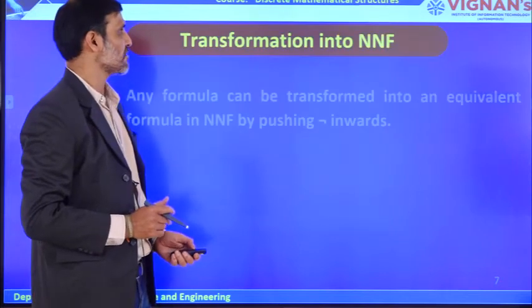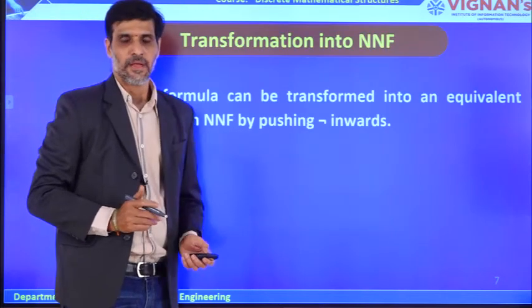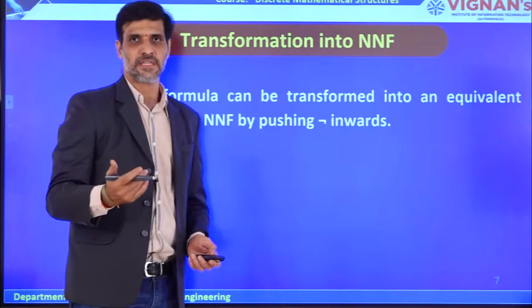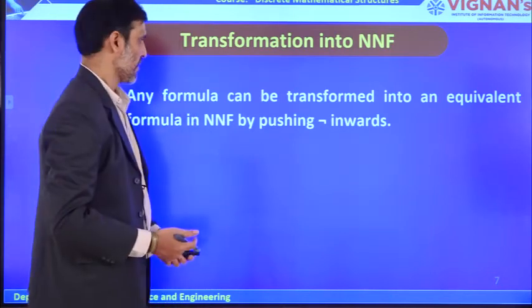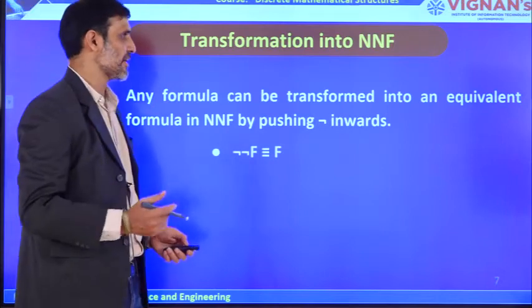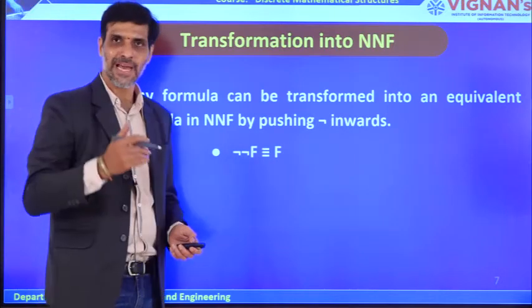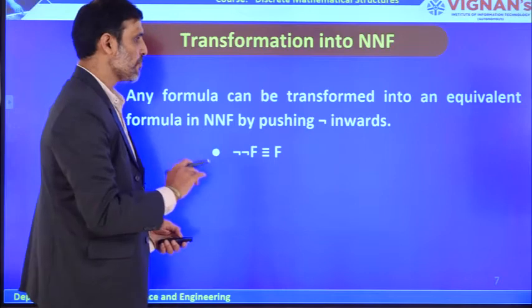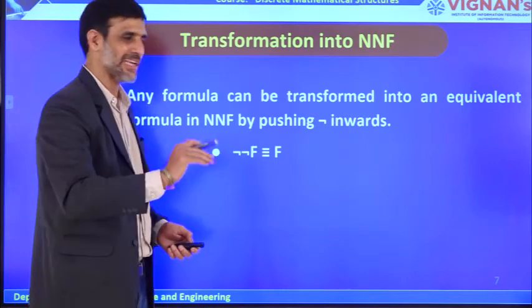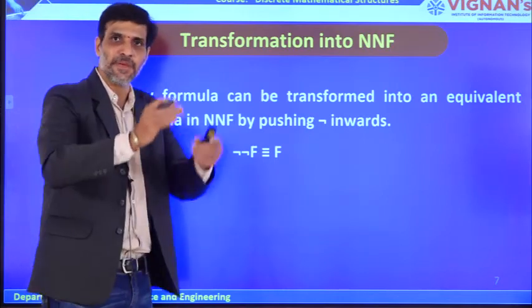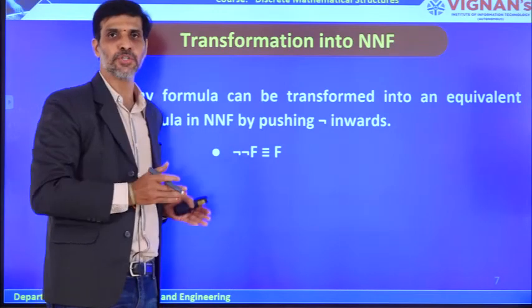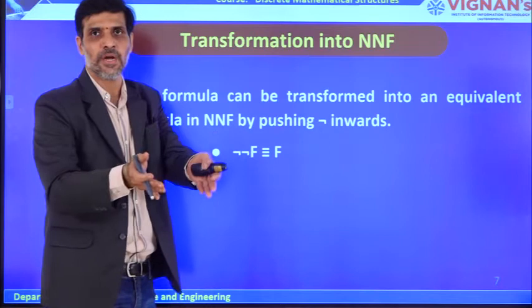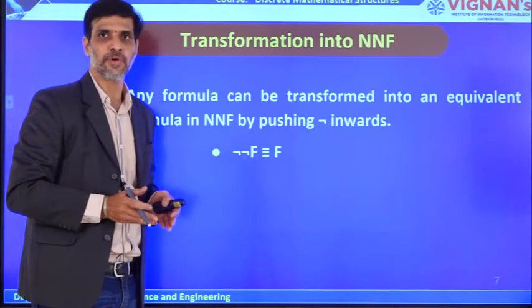So how do we transform a formula into NNF? How do we convert the sentences? What is the procedure to convert a sentence into NNF? A formula can be transformed into an equivalent formula in NNF by pushing the negation inwards. If the negation appears in front of a compound proposition, you push that negation inside the compound proposition.